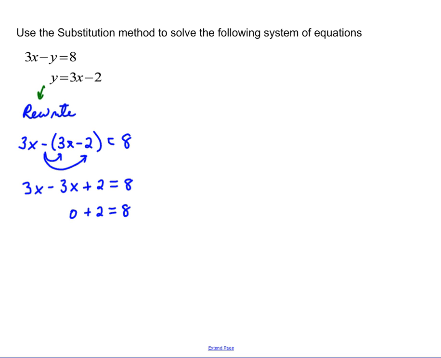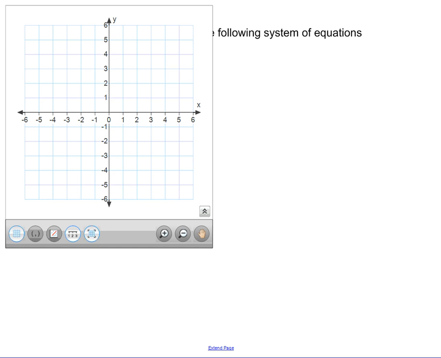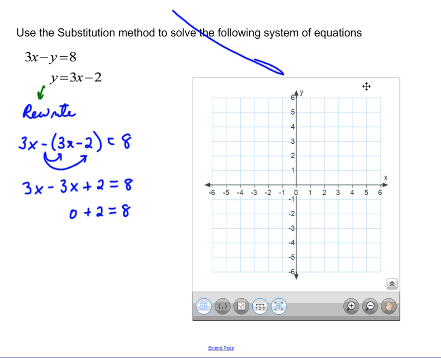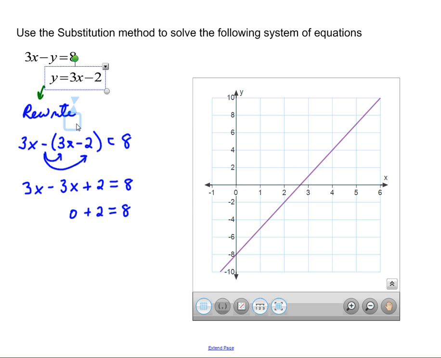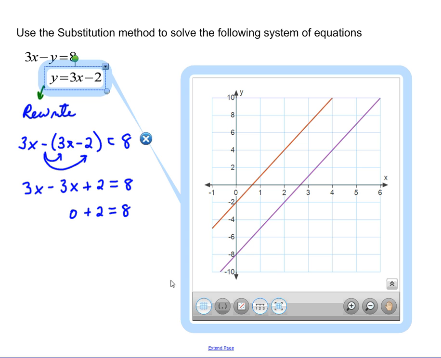Well, what we've actually got right here is a way of indicating to us that we have what is called an inconsistent solution. This pair of equations right here does not have a solution. If I were to go back over here and graph these two, look at what happens. Parallel lines.